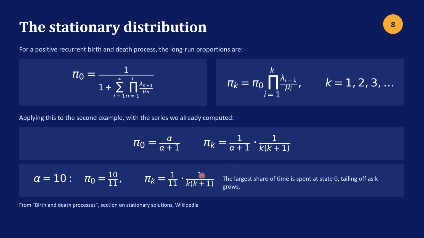Let's say k is 1. Then you have 1/2 here, so 1 over 22. And it just gets smaller as you go further out. So most of the time you're in state 0. And we kind of cooked it that way because we made the death rate greater than the birth rate. So you would expect to keep hitting back to 0.